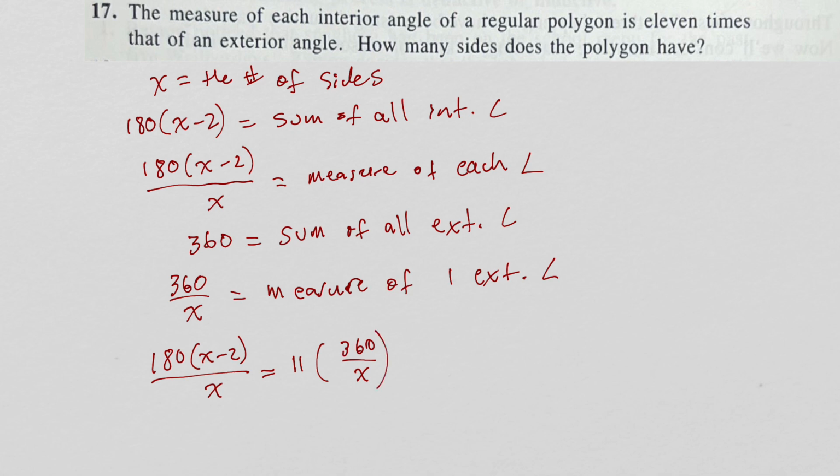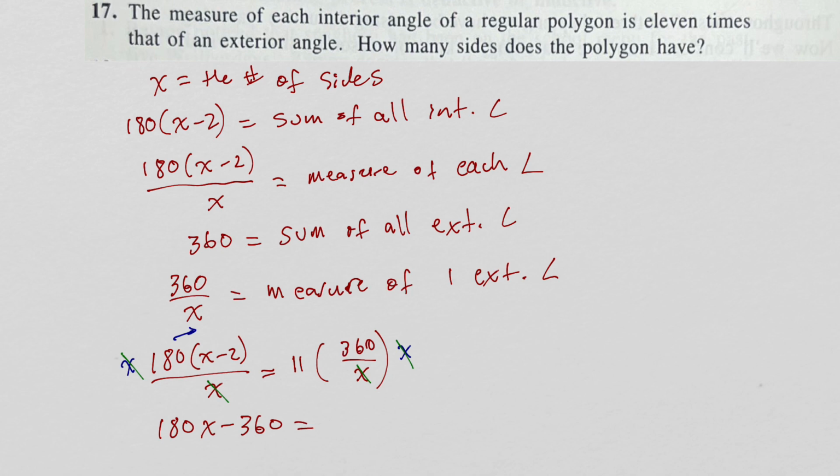Now I'm going to multiply both sides by x, and that cancels the x's. Then I distribute the 180, and I get 180x minus 360 is equal to 11 times 360.